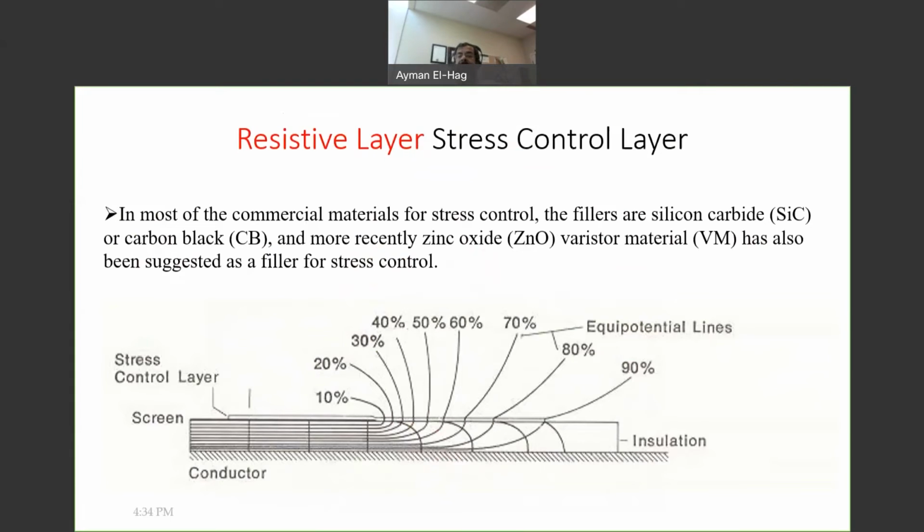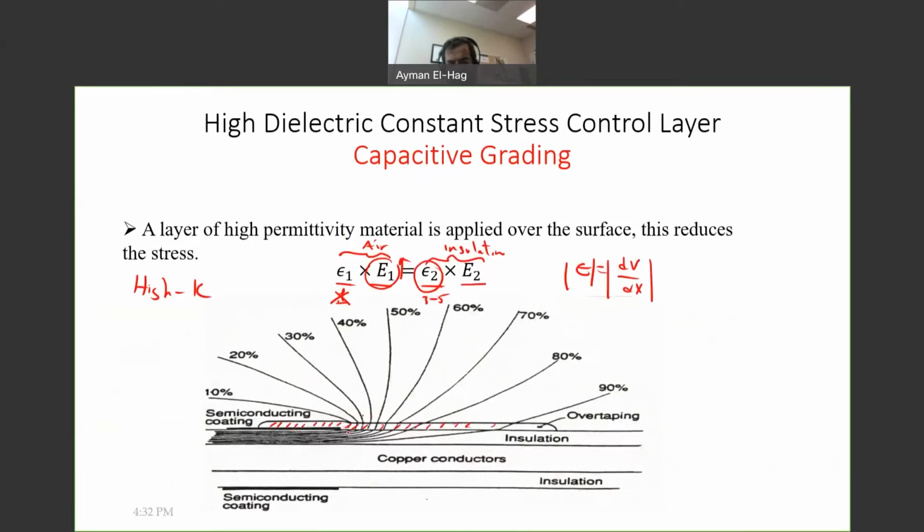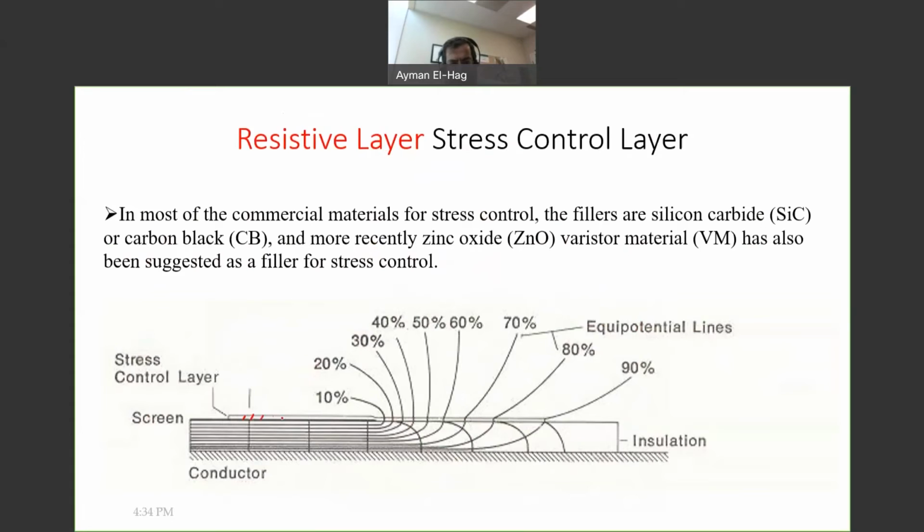The last method, or the last type of stress grading, is called resistive layer. Now here it is the same layer like this one. Now we have here a different layer, but instead of using high K material, we use resistive material. And this could be carbon black or silicon carbide, or recently we are using zinc oxide.